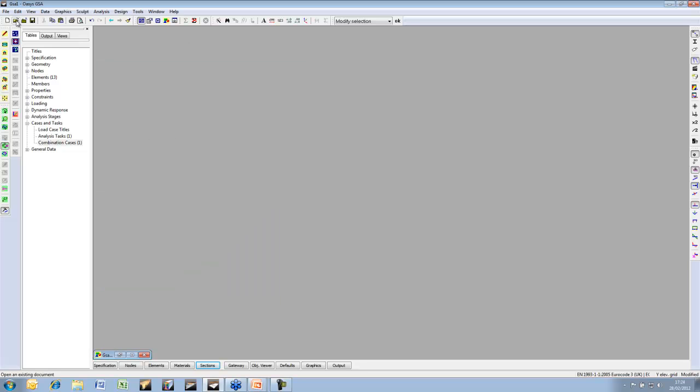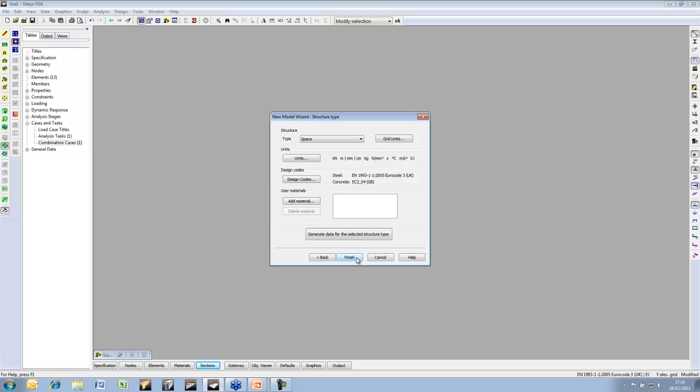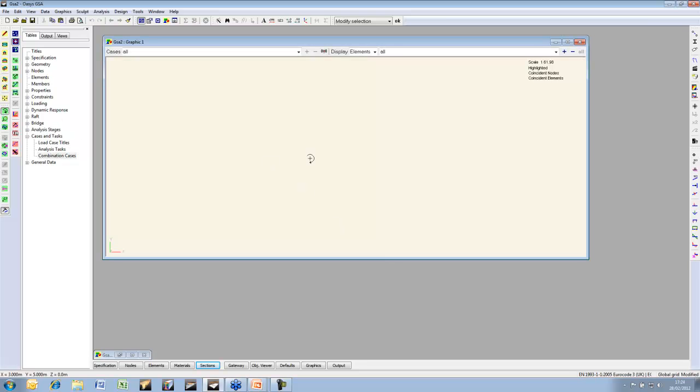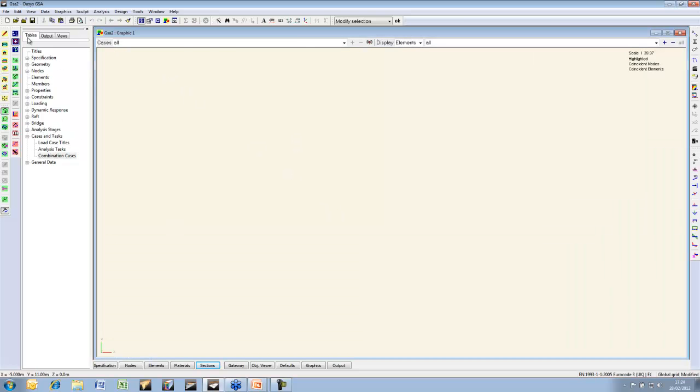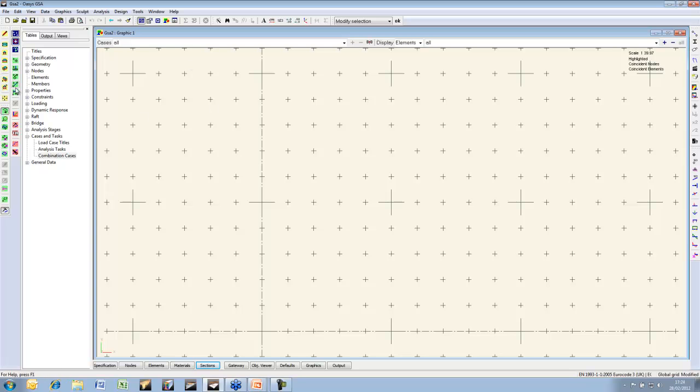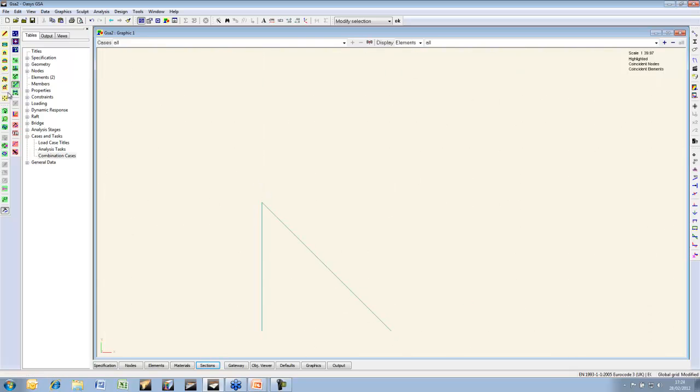Now, I also mentioned cables, and again I'll sketch something in. I'll go from there to there to there, and modify those two to being ties.